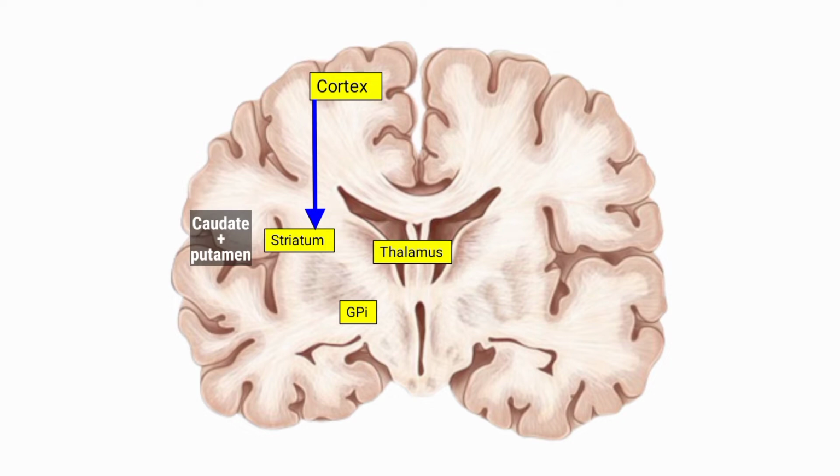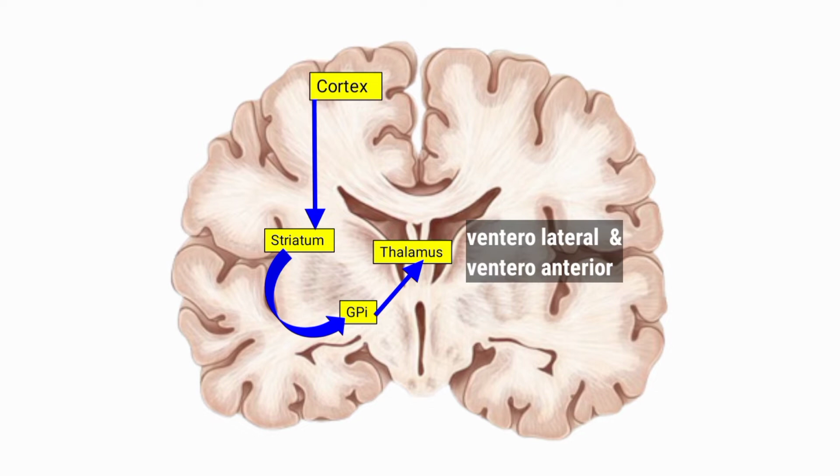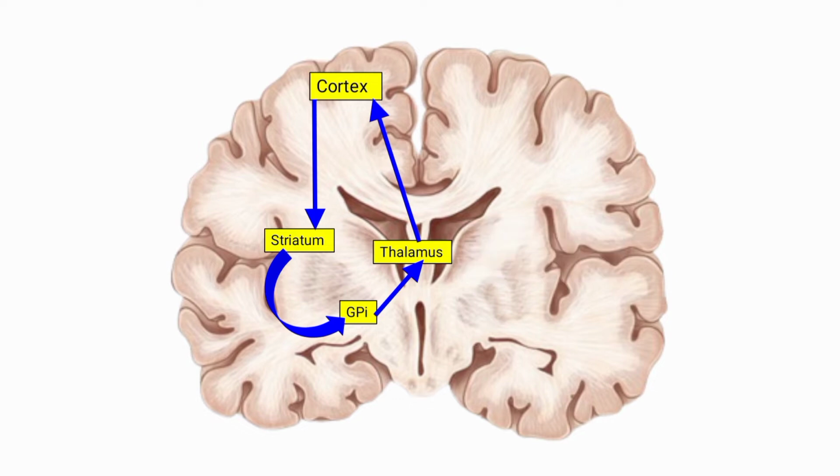So the nuclei in the putamen and caudate nucleus will send their axons towards the globus pallidus internus. Then from the globus pallidus internus, these neurons will go to the thalamus, to the ventrolateral and ventroanterior nucleus. This nucleus will extend its axons back to the cerebral cortex. This is the basics of the direct pathway.